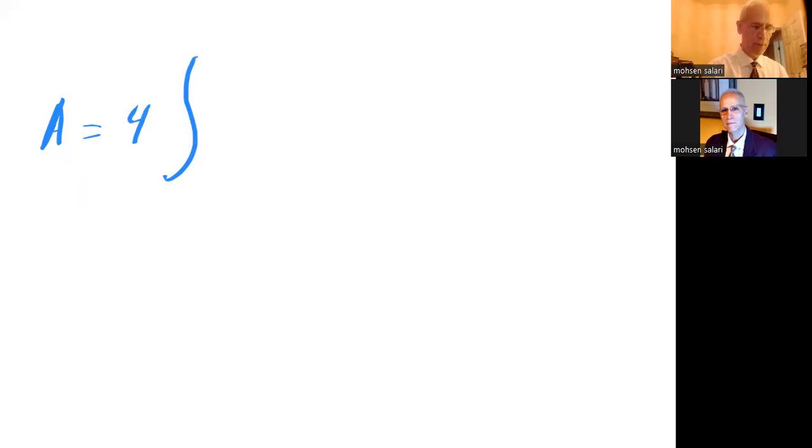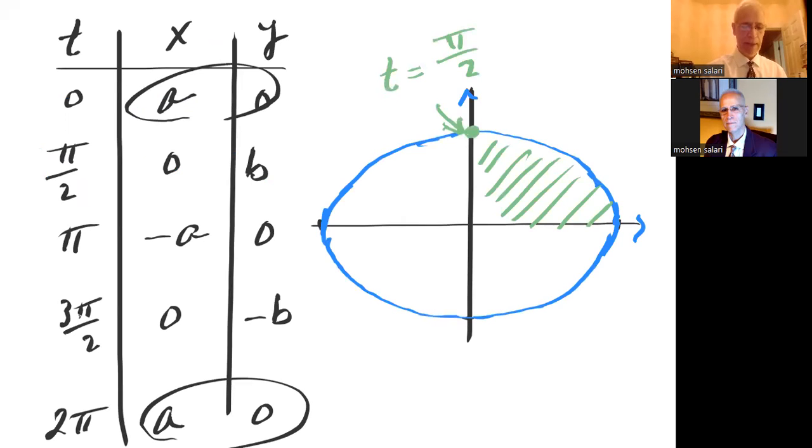I'm going to start from pi over 2 all the way to 0. So let me go back here. At t equals pi over 2, all the way to where t is 0, that we have a comma 0 right here. This point right here, so t equals 0.